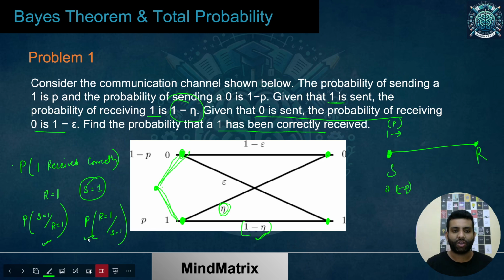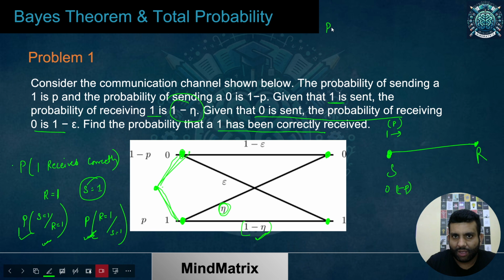And if I talk about this one, what is this probability? If S is equal to 1, the sender has sent 1 and the receiver has received 1, then this probability was 1 minus eta. We already know that. So how can I calculate the one I'm looking for? The Bayes theorem comes to the rescue.